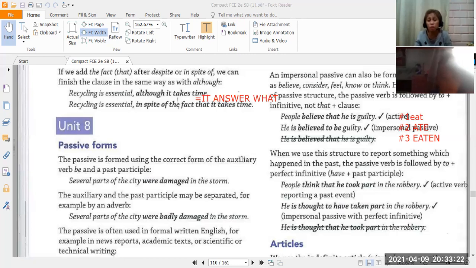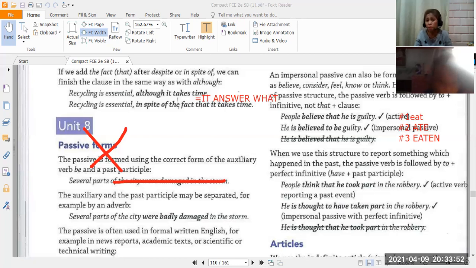It needs an object. But here, this is an intransitive verb. It doesn't need an object. I arrived late. That's it. No object. That is the reason, Kiyo, that we cannot make an intransitive verb into passive voice. Here, you can say that a coffee was bought.